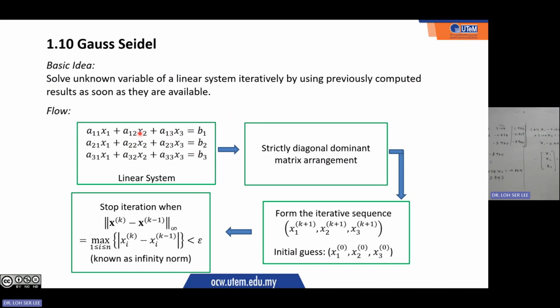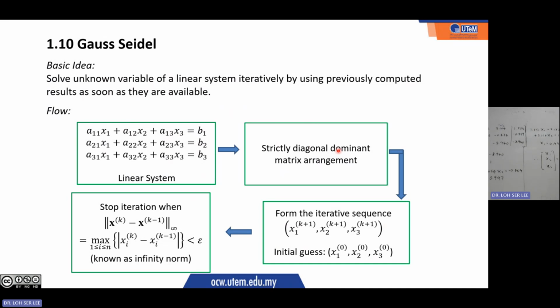Okay, this is a linear system where we need to check the matrix A, whether it is a strictly diagonal dominant matrix. If yes, then we proceed to find the iterative sequence. If no, then we will try to swap the rows, to see whether we manage to get a matrix that satisfies this criteria. If no matter how we swap, we can't get it, that means we can't use this method to solve the linear system.